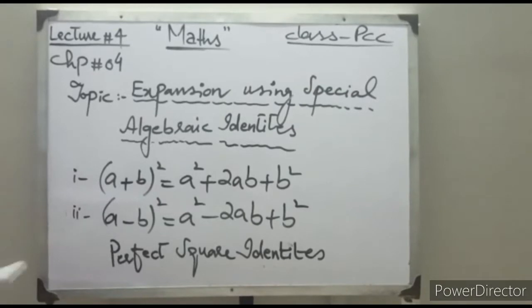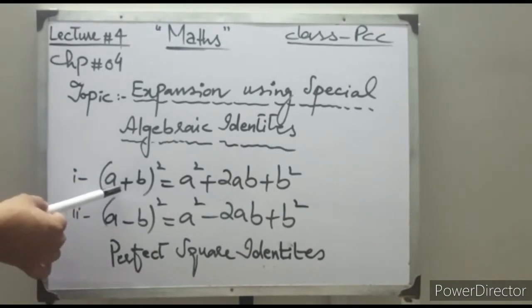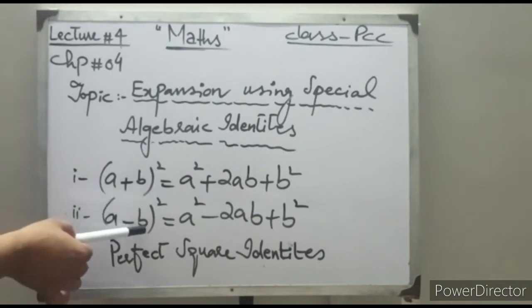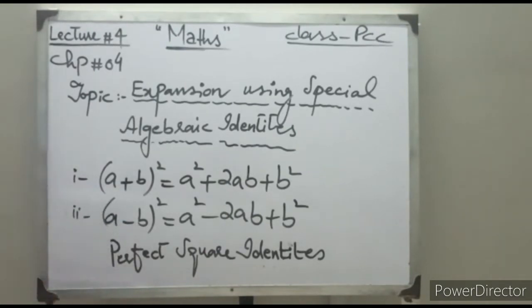Students, second identity is (a - b)² = a² - 2ab + b². Students, you can see first identity and second identity both are same. The only difference is the sign difference. In the first identity we have positive sign between the two variables, but there is a negative sign between a and b.